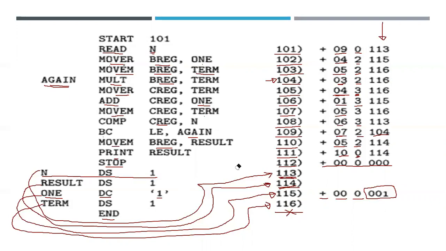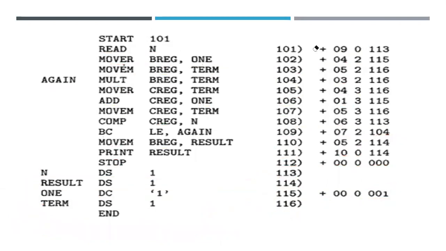In pass 2, by considering the symbol table, we have just given the values for each and every neglected symbol place. I hope you understood this. So this is nothing but conversion of a simple assembly language program into a machine language program.